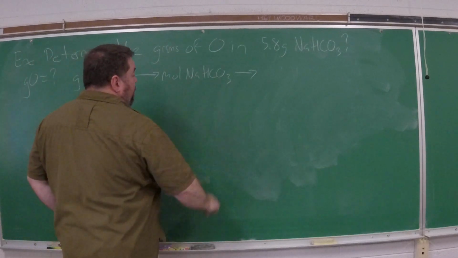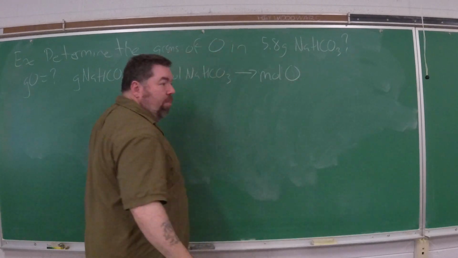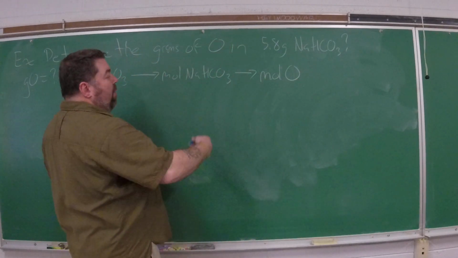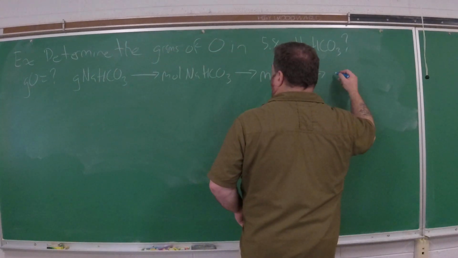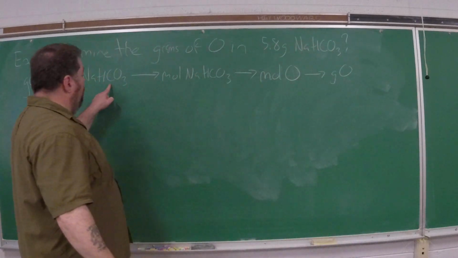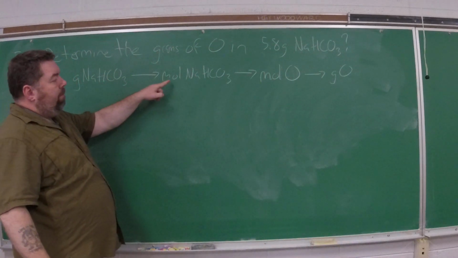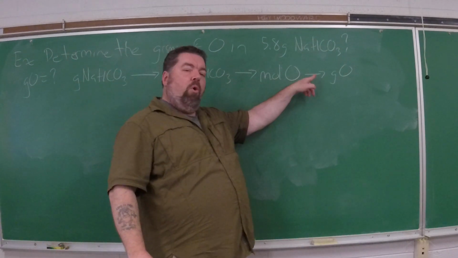I can use my chemical formula as a conversion factor. Then I can go to moles of oxygen, correct? And then once I have moles of oxygen, I can use the molar mass of oxygen, and I can go to grams of oxygen. So molar mass of sodium bicarbonate, conversion factor from the chemical formula, molar mass of oxygen.